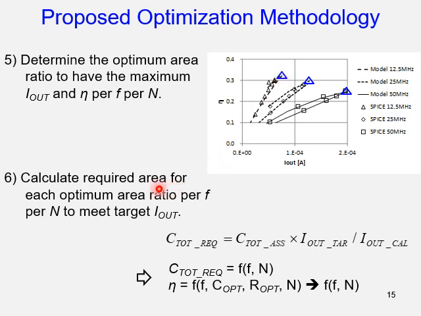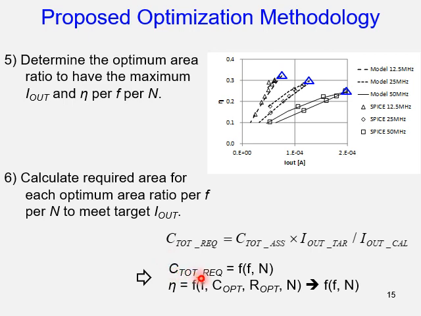Then instead of I out, you should calculate how much area that design requires per F and per N. Then you scale up the capacitor size, or total capacitor size, which indicates the total charge pump circuit.